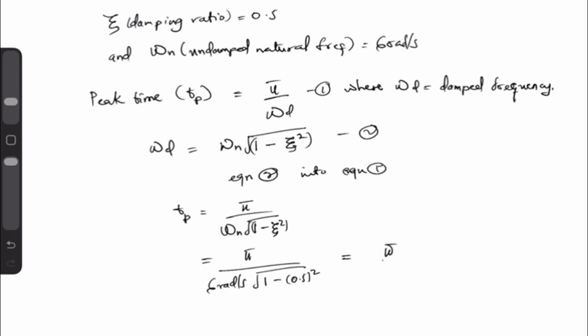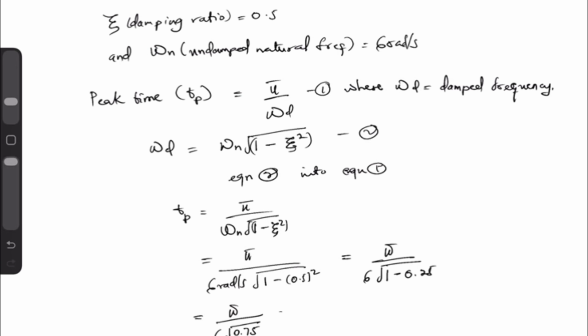So pi on 6, 1 minus 0.25. This gives us pi on 6 multiplying the square root of 0.75.